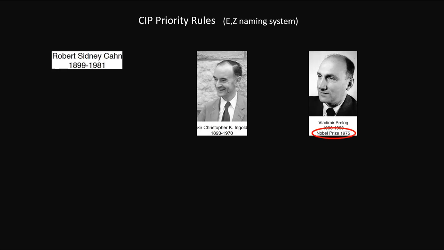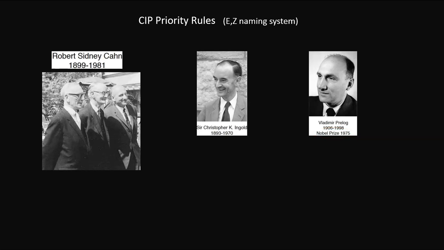Prelog received a Nobel Prize for his work on the stereochemistry of organic molecules and reactions. Here's a photo showing the 3 of them in Switzerland. Kahn is on the left. You can see how CIP comes from their names, and priority is the new concept in these rules. They published their work in 1956.